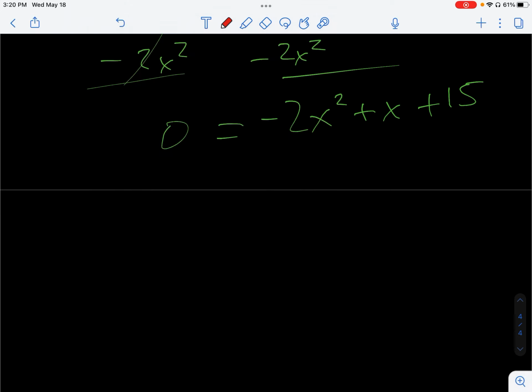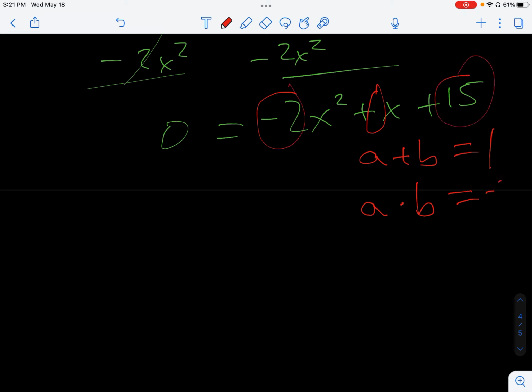And if you recall from our factoring review, we need to get a plus b that equals the coefficient here, which is 1. And then we have a times b, which has to equal the coefficient here times the coefficient here, negative 30.